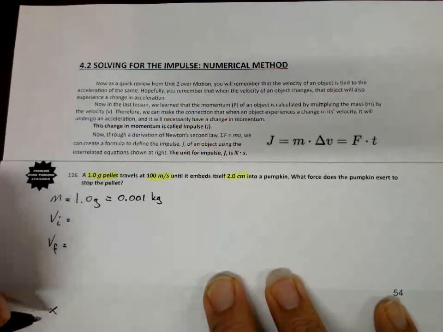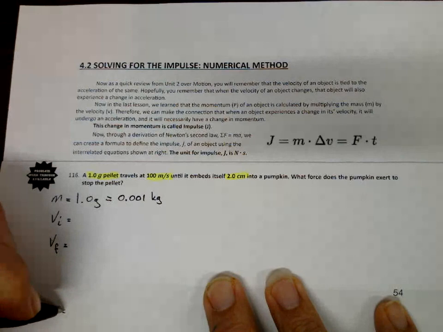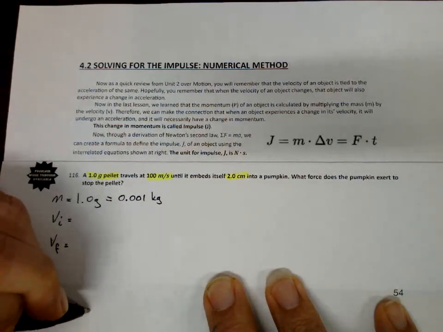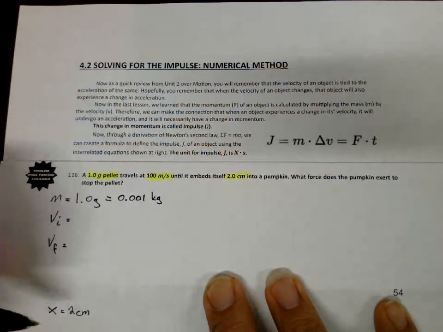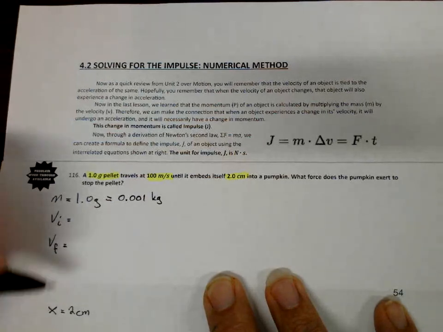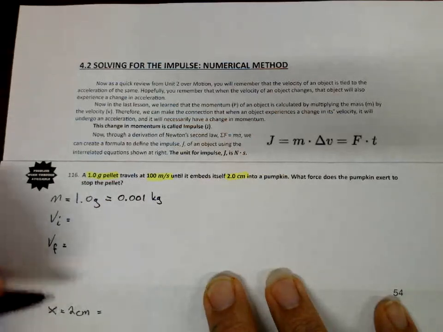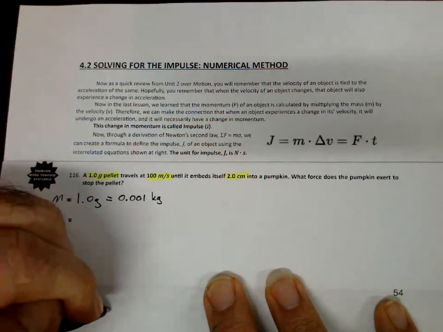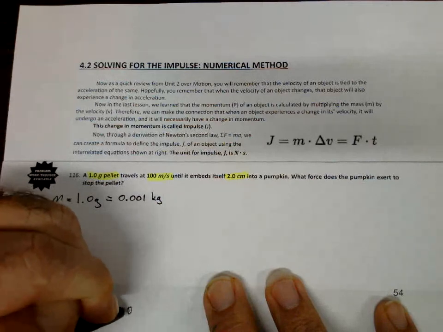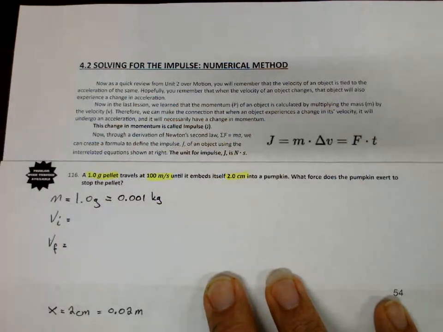So we can write this down here. Distance is the variable x, and we'll write 2 centimeters. And even though we don't exactly know what we're going to need this for, we will never use centimeters in a calculation, so we need to convert this automatically to meters. So we divide by 100, we get 0.02 meters.